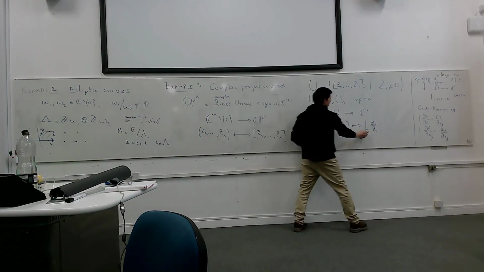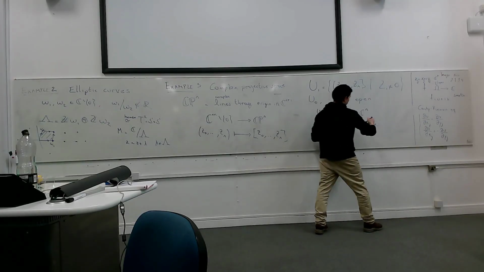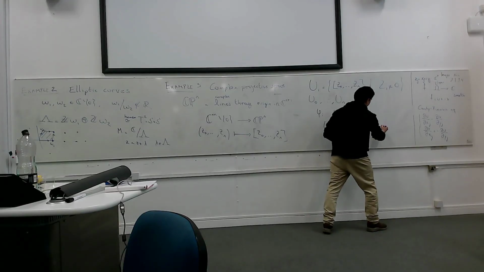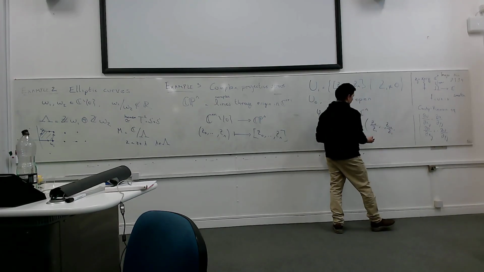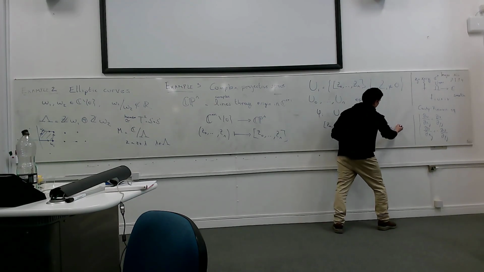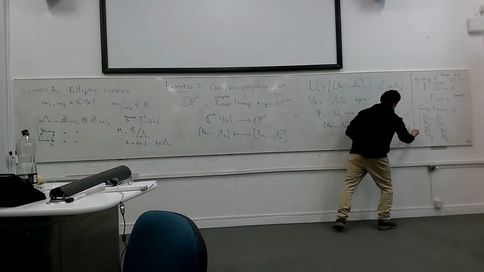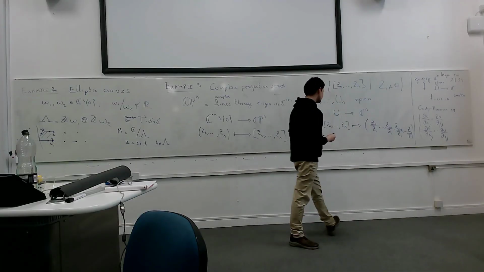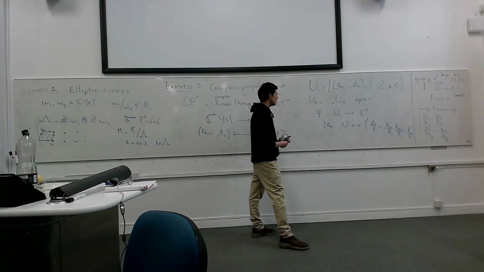This is a point in CP^n, and this is a point in C^n. Here I divide by the i-th coordinate, but then the i-th coordinate you can omit, because you know that it's going to be 1. So you skip the i, jumping from i-1 to i+1. So these are the charts.